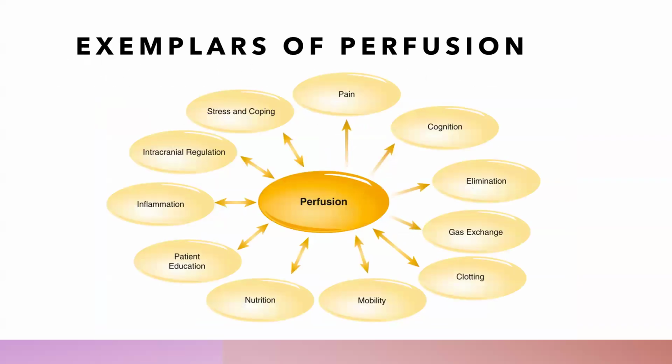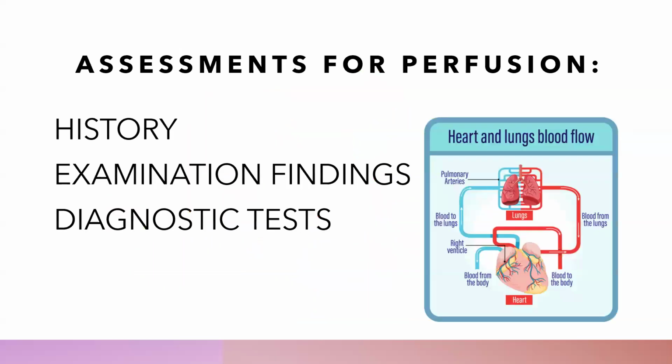In Giddens chapter 16, the concept of perfusion and problems associated with impaired perfusion covers a wide range of physiological processes and conditions. The scope of perfusion ranges from optimal perfusion to no perfusion. Variations in perfusion are seen among individuals along their lifespan with multiple causative factors and a wide range of effects and duration.